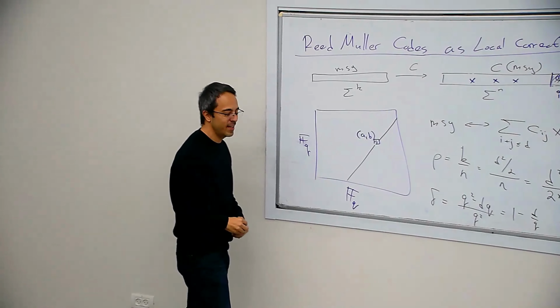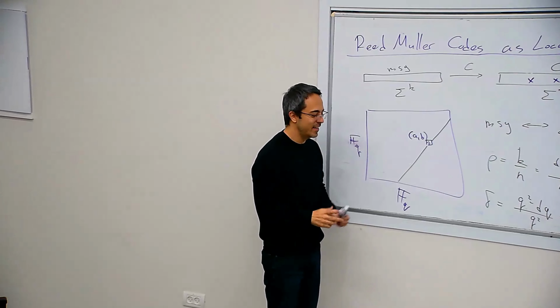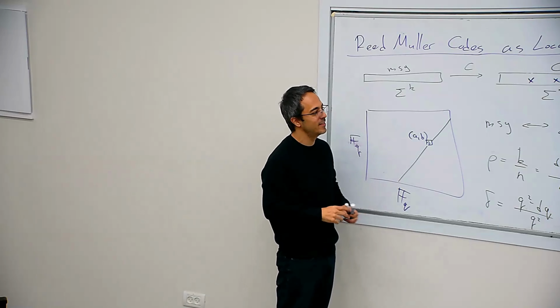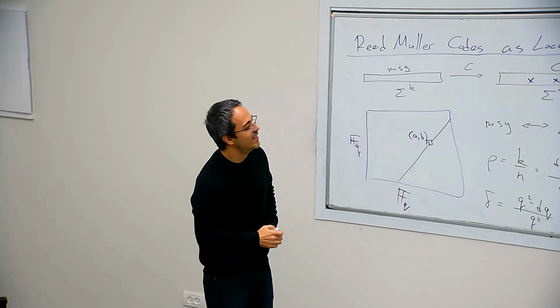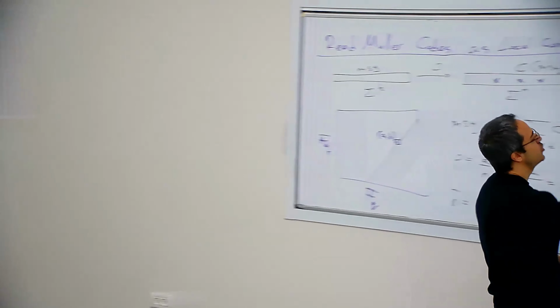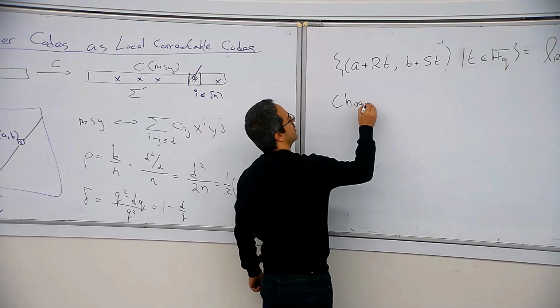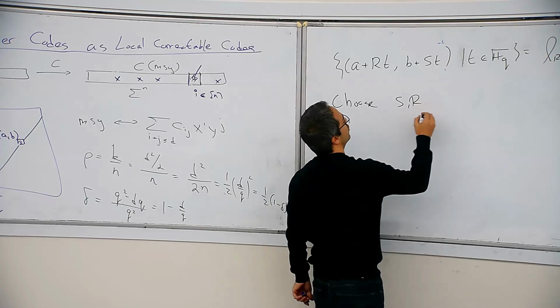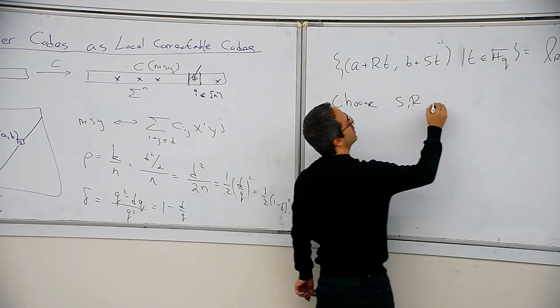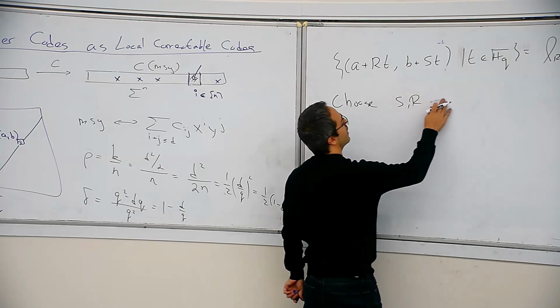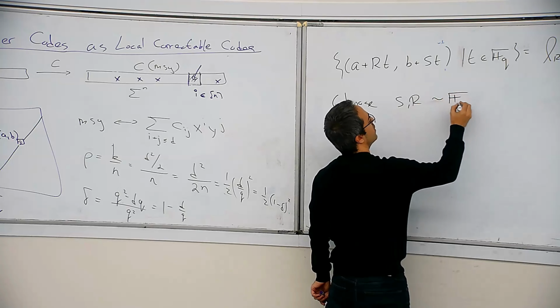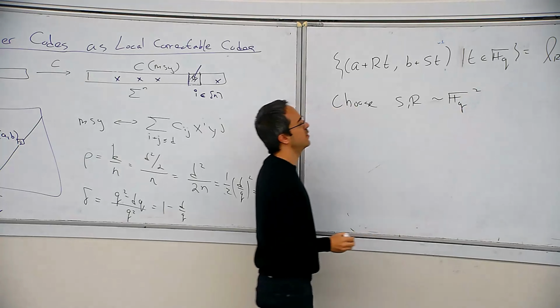It behaves like a line, and the things you want from a line happen. So the idea is to choose S and R uniformly at random, probably not both equal to zero.